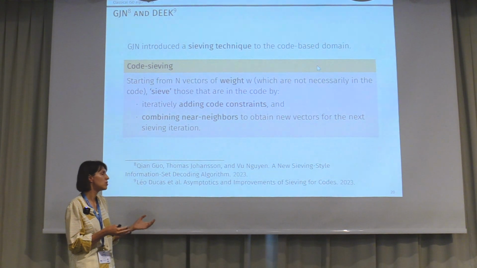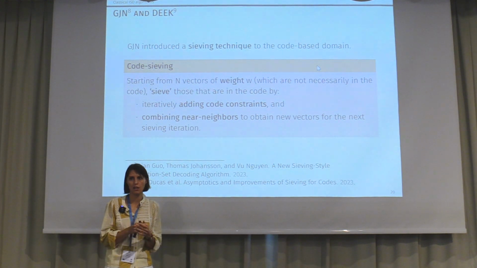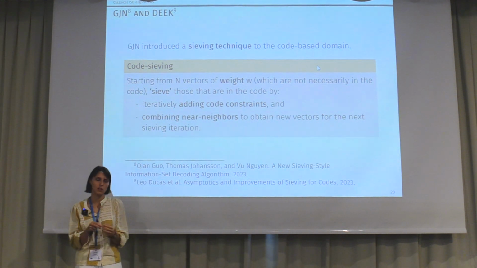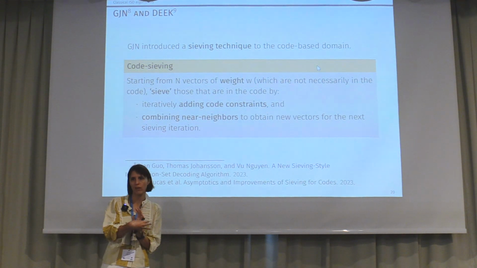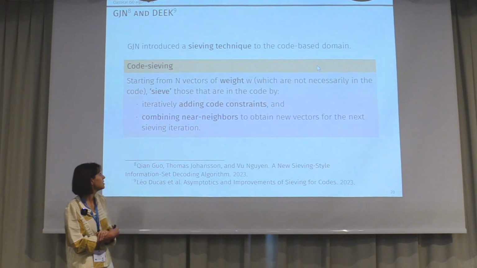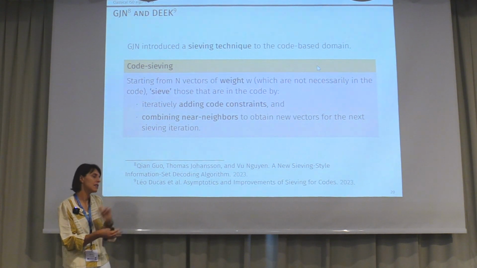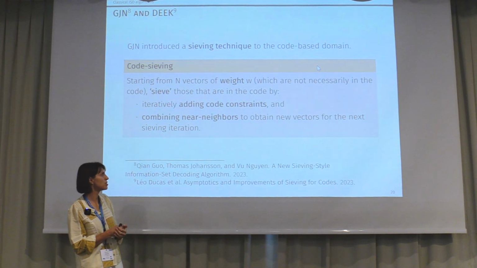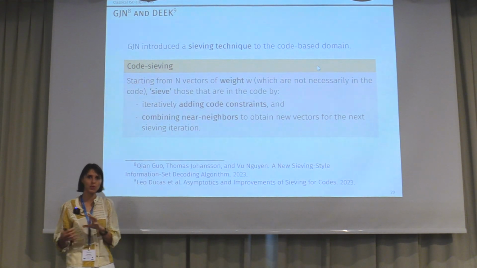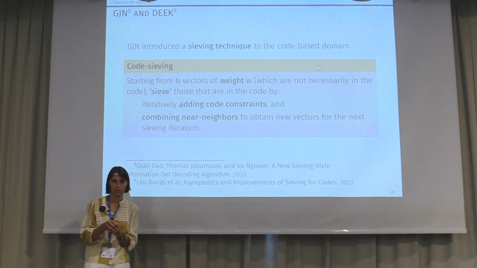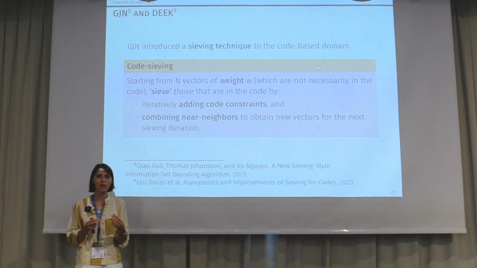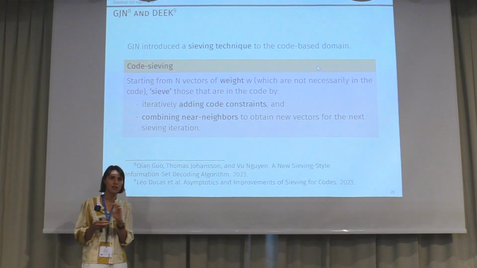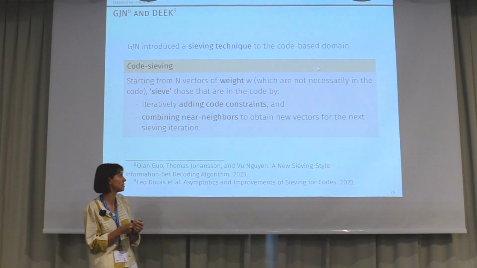Then, in order to keep the loop invariant that in every iteration you still have capital N vectors, you will need to add some new vectors. And this is the point at which the near neighbor search comes in as the subroutine for creating new vectors that are at a distance W, or equivalently, new vectors that when combined give a vector of weight W.